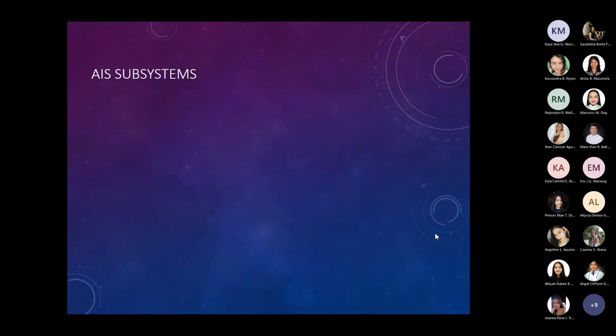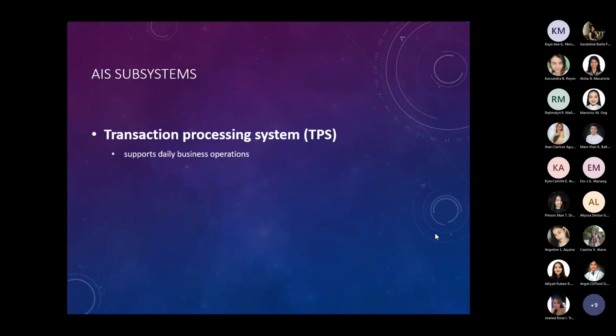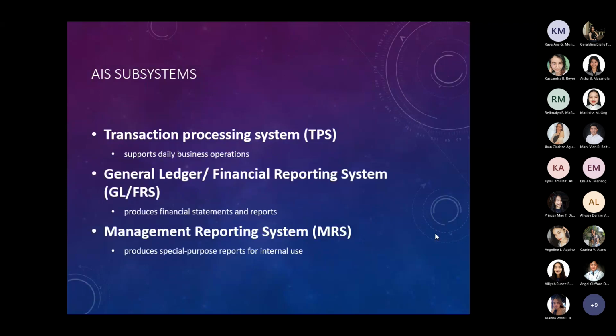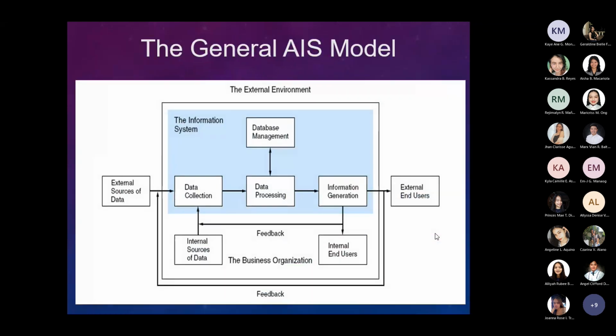Okay? So, AIS Subsystems. So, we have here, yung sinabi natin kanina. Yan. So, yung transaction processing system, general ledger and financial reporting, and management reporting system. So, ayan. Ito po yung sinasabi kong ano yung itsura ng accounting information system sa isang organization.